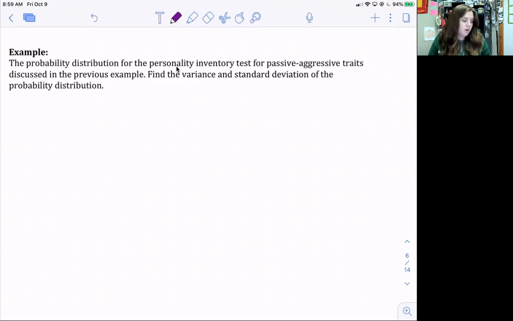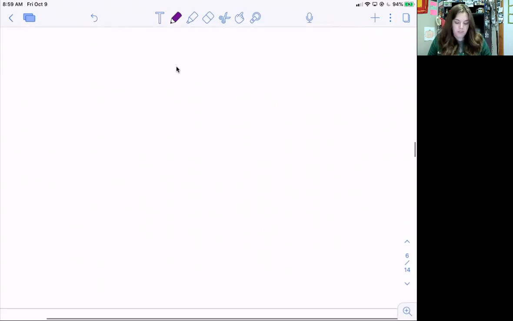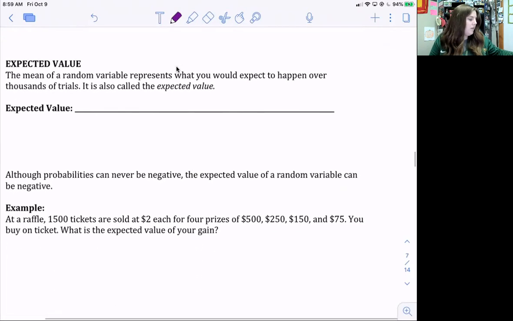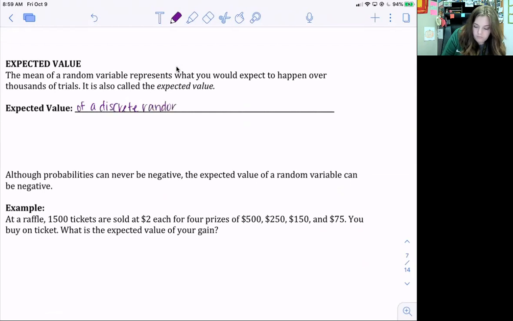And then the last part we have with discrete probability distributions is the expected value. Okay. And the expected value of a discrete random variable is equal to the mean. Okay.